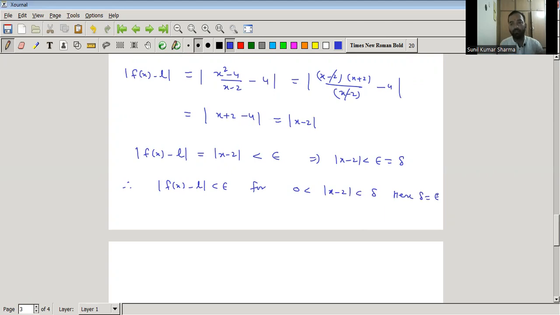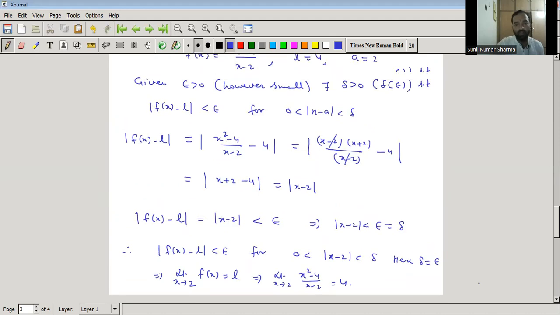If I take epsilon to be 1 by 2, then my same delta will work. Whatever positive real number epsilon I choose, the same delta will work. Okay? So this implies that limit x goes to 2, f of x is equal to L, and this implies limit x goes to 2, x square minus 4 upon x minus 2, is equal to 4.